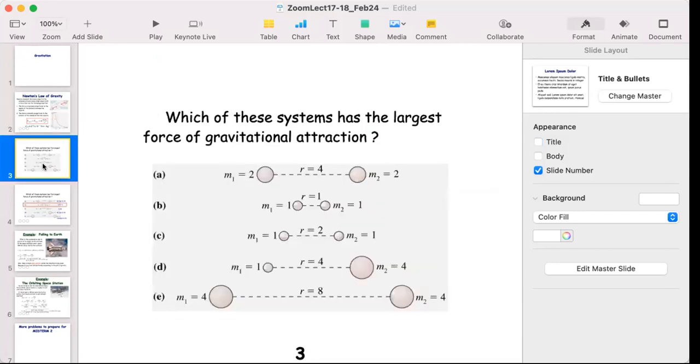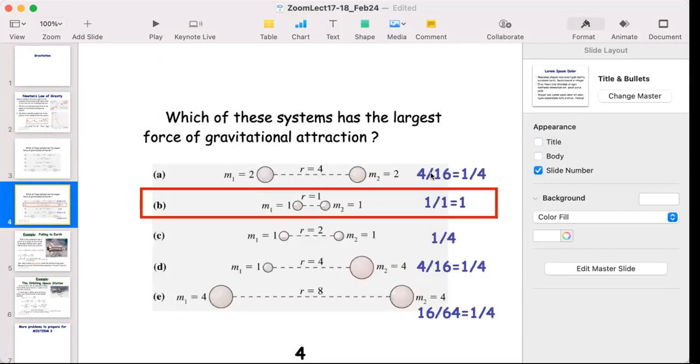So what matters here, if we need to make some calculations, is M1 times M2, which is 4, divided by R squared, 16, so 1/4.